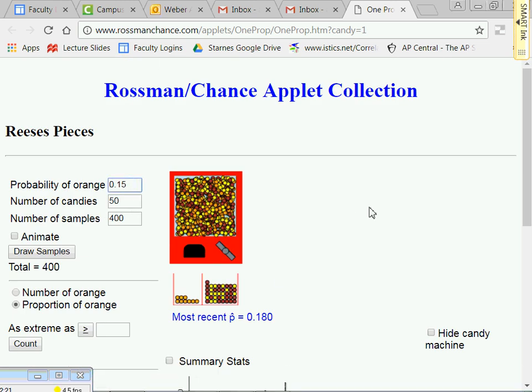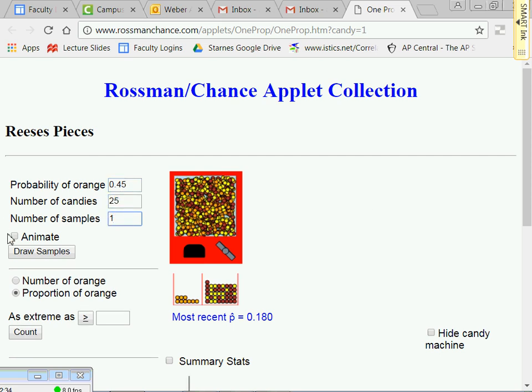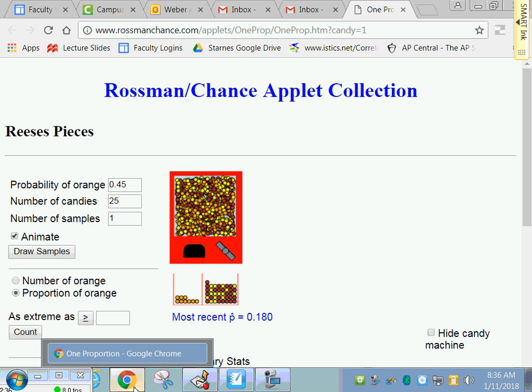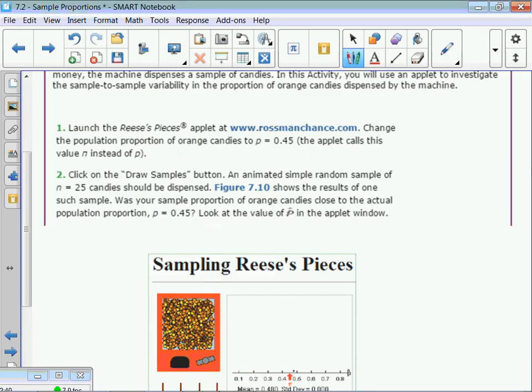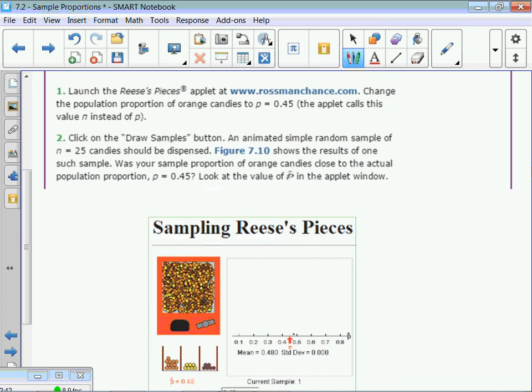All right. So you guys, we've got the probability of orange candies. We're going to change that true proportion, our true P, to 0.45, right? And we're going to go back to the rest of this. All right, and so we did that. Number 2, Haley, what's number 2 say?